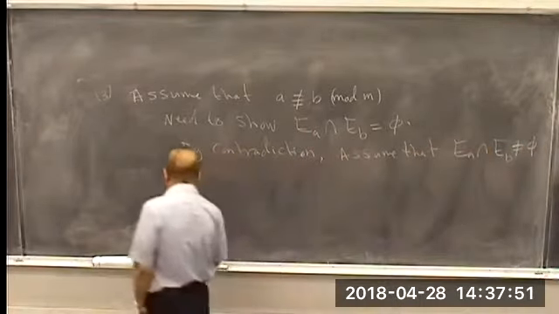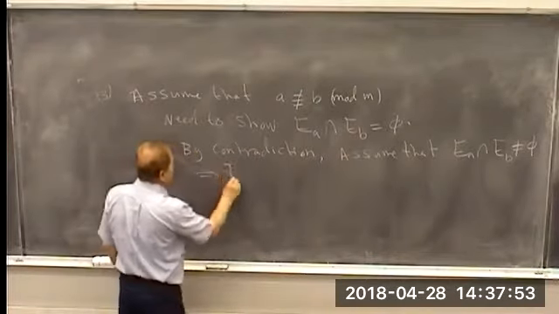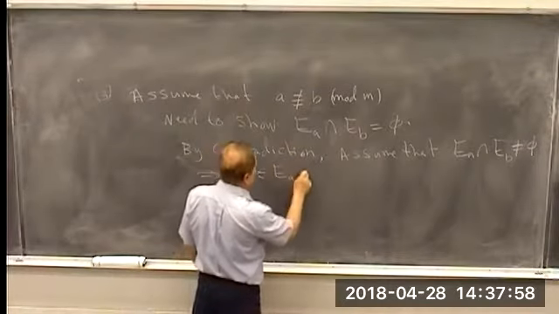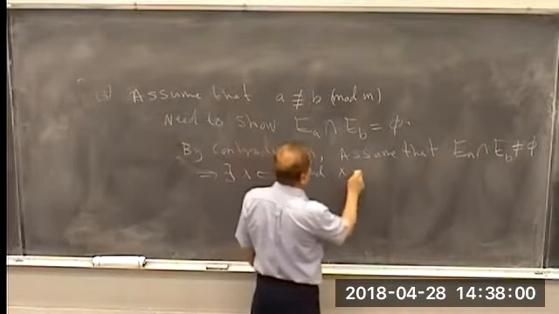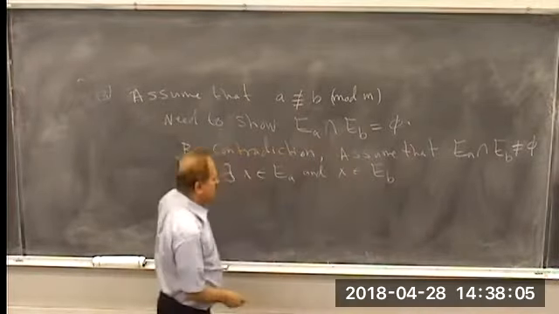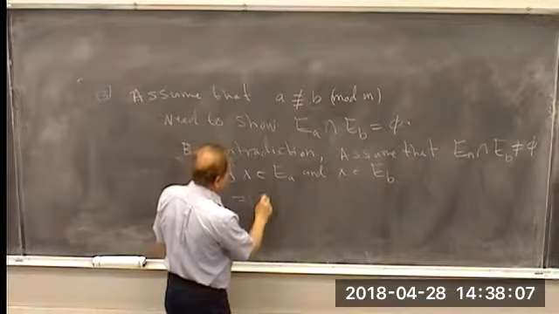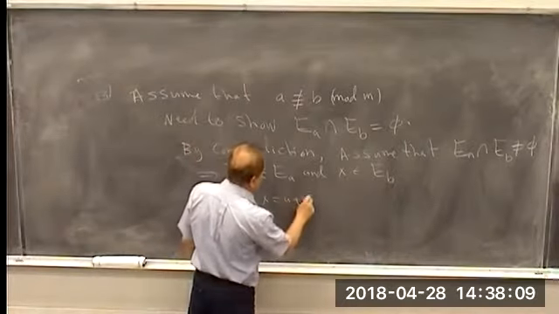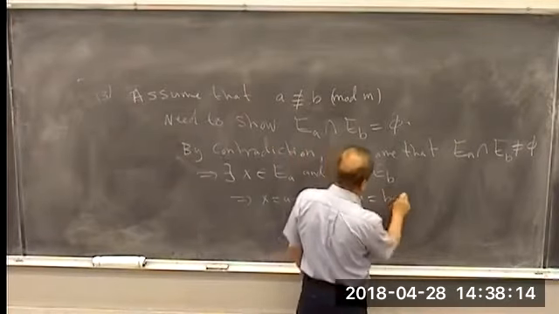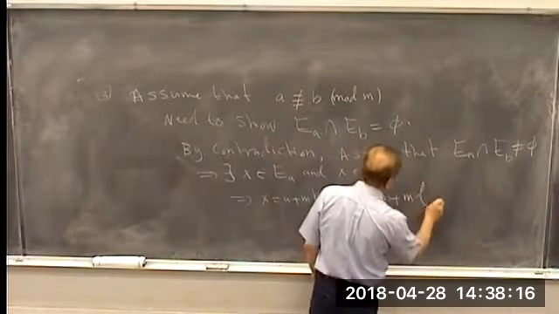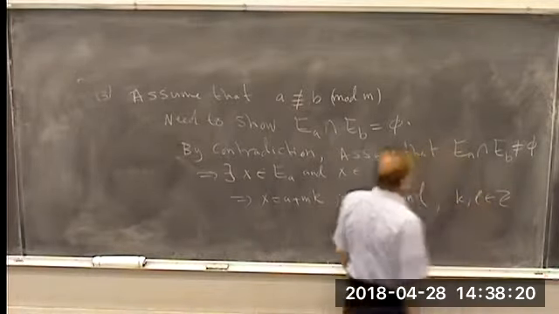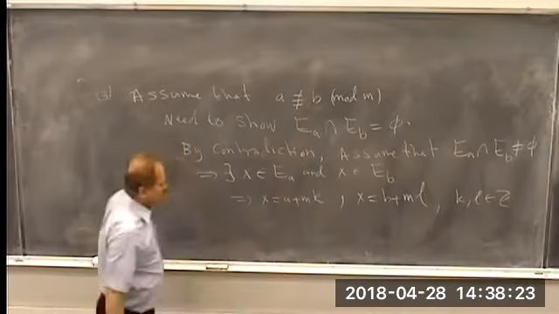This implies there exists an X that belongs to both E sub A and E sub B. And what does this mean? It means X is equal to A plus mk, and X is equal to B plus ml for some k, l in Z. Which means that these are equal to each other.